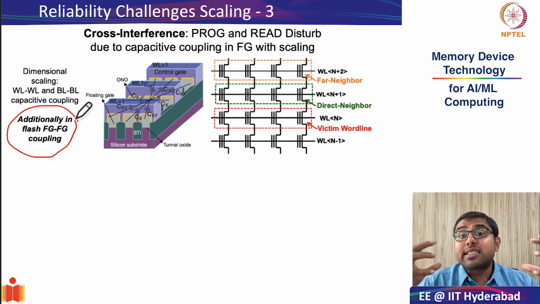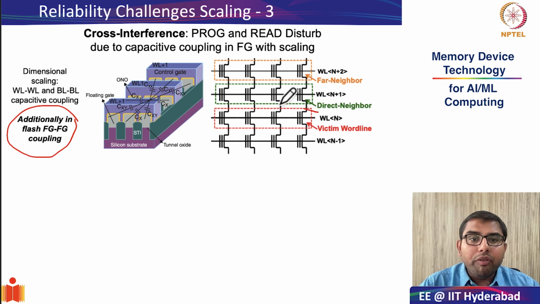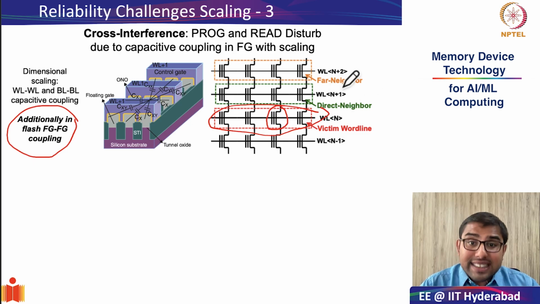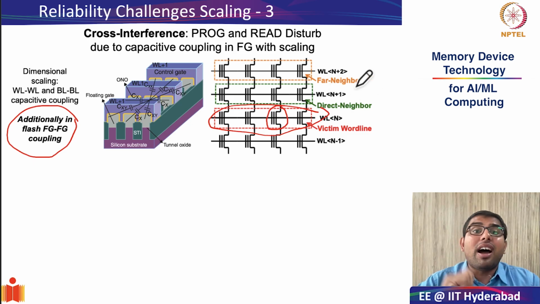So people do extensive studies. They look at the victim word line and they check how a particular cell is affected when neighboring bit lines and word lines, first neighbor, second neighbor, when they start operating again and again, just like in the row hammer effect, what happens to the VT shifts in the victim cell?